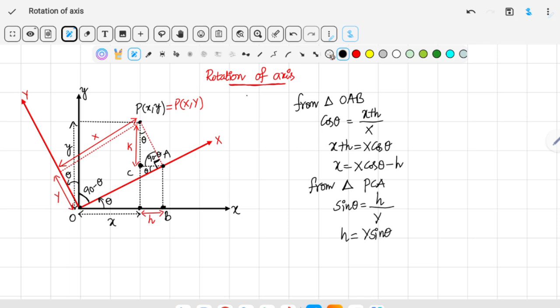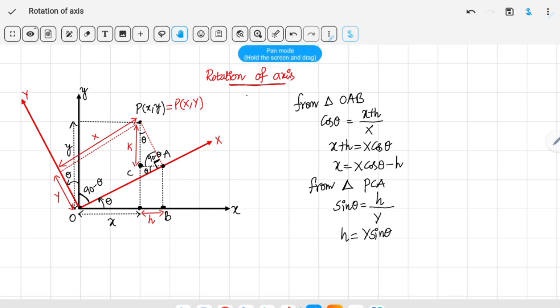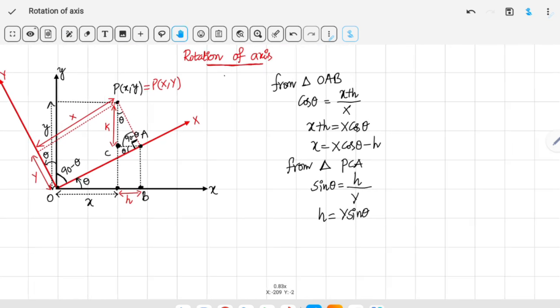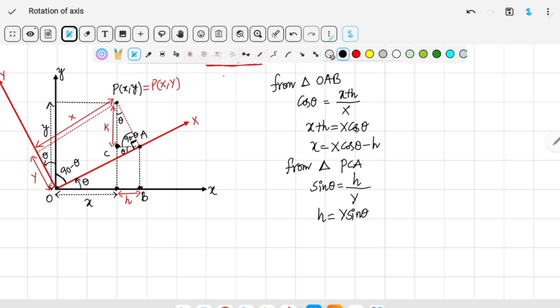Now let me just move it a little bit further. Substituting this h value in this particular equation, you will get small x is equal to capital X cos theta minus capital Y sine theta.